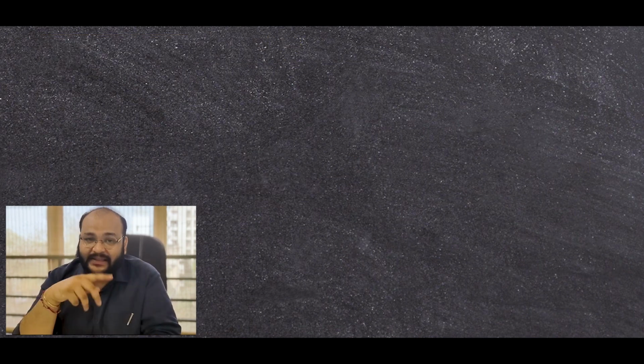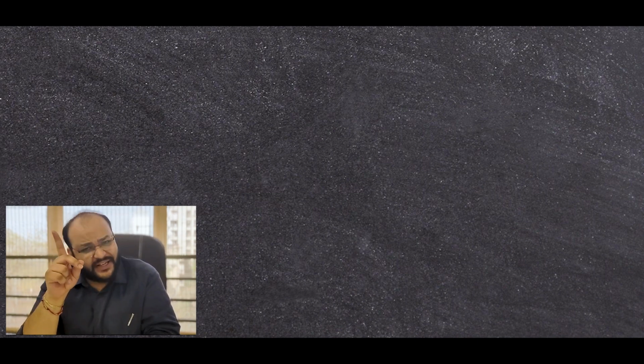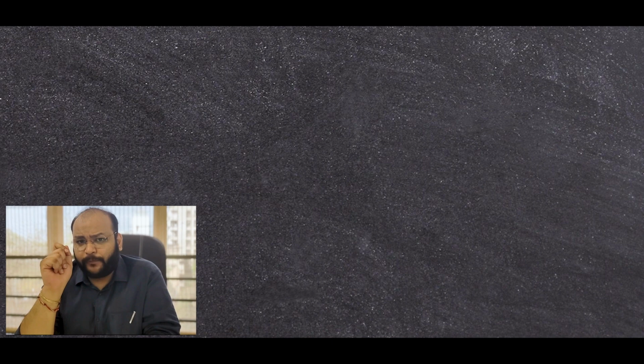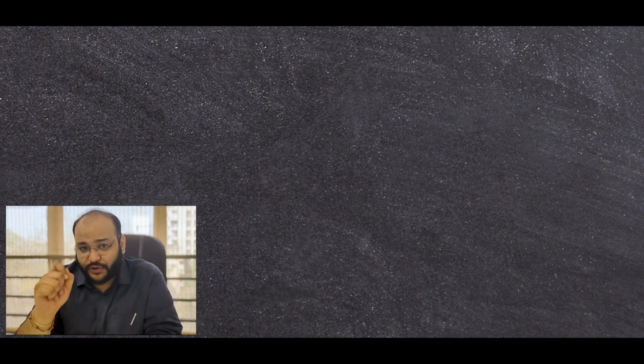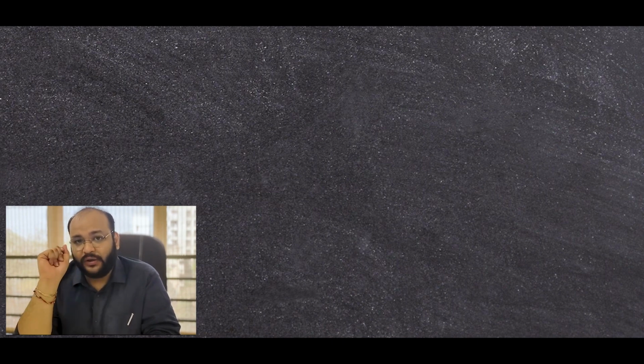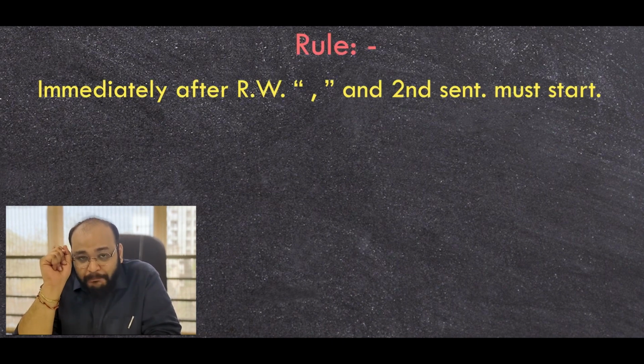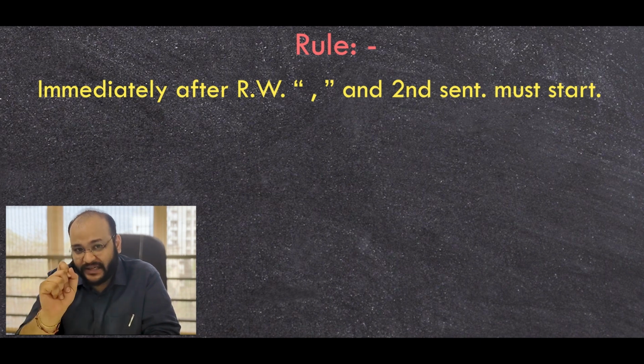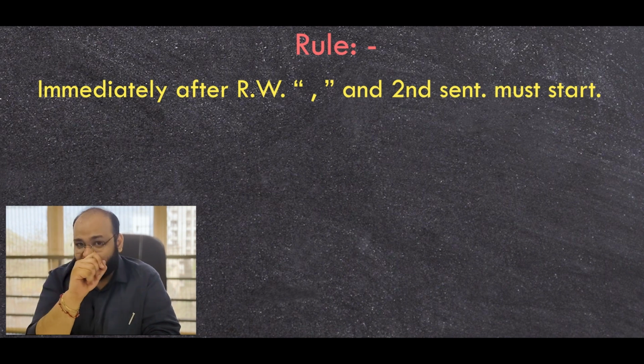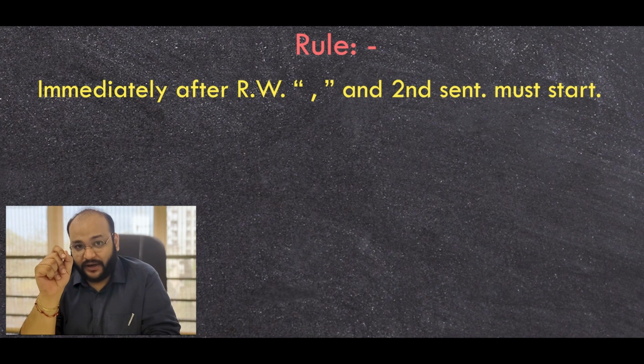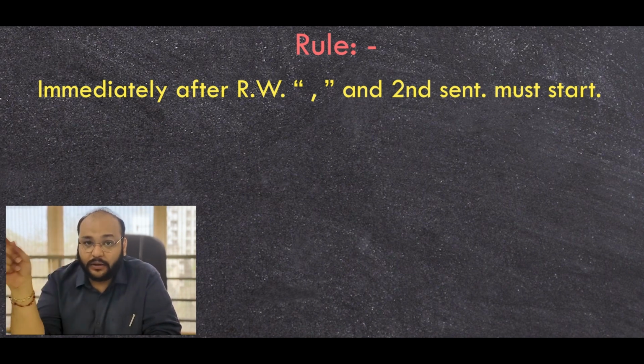Now to make sentences using relative sentences, I personally prefer to have just one single rule. And you have to follow it very, very strictly. You have to adhere to it. And that one single rule is: immediately after the relative word in the first sentence, comma, and the second sentence must come.